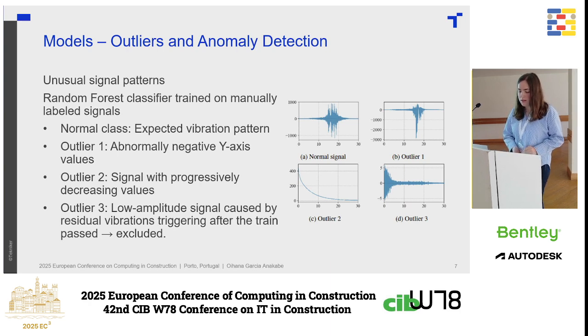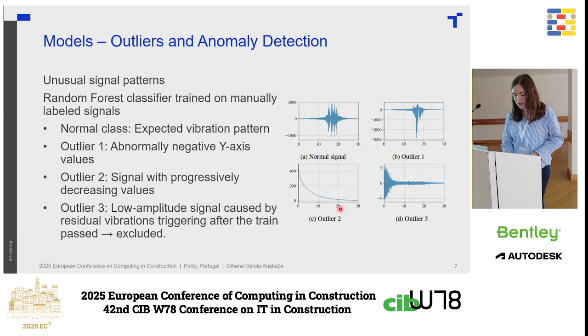Then, on the outliers, looking at the raw signals, we saw that some signals had unusual patterns. This is the normal class that we expect in the vibrations, but we had some signals with abnormally negative y-axis values.